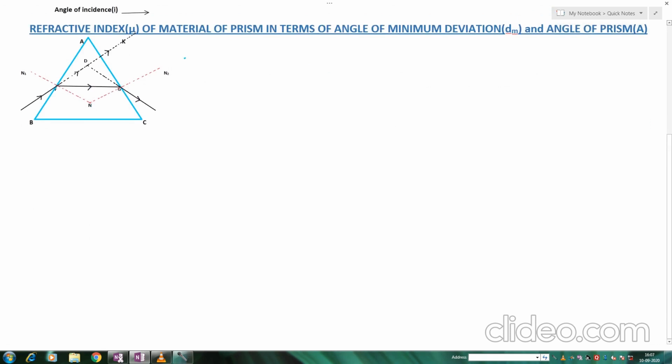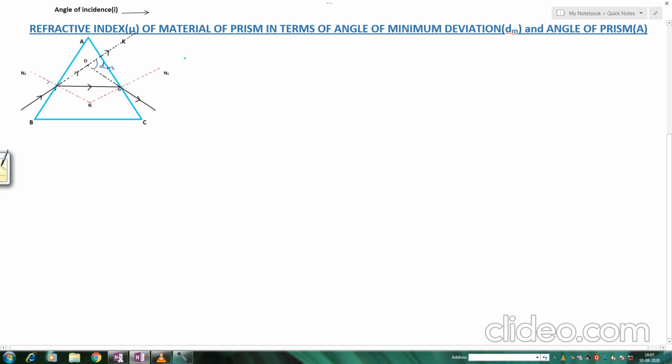The ray which suffers minimum deviation passes symmetrically through the prism and is parallel to the base. From this diagram we can observe that this angle of deviation is a minimum angle of deviation, and for a minimum angle of deviation the refracted ray FG passes symmetrically through the prism.